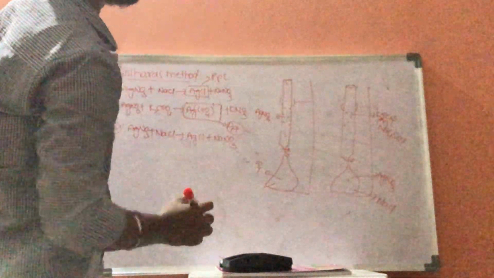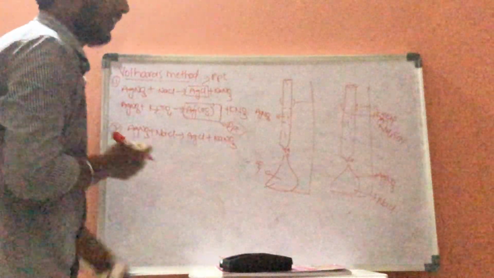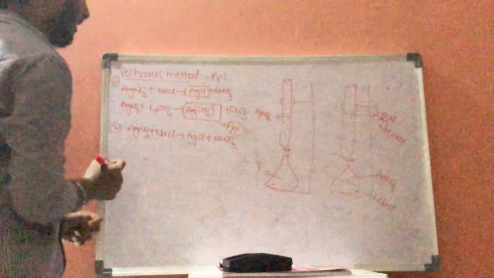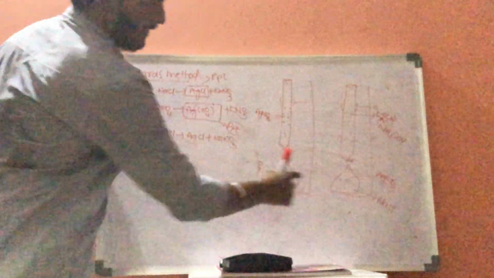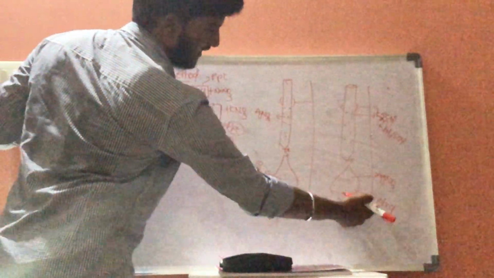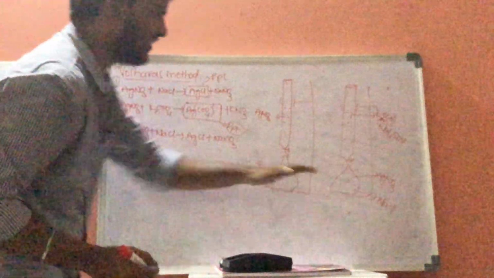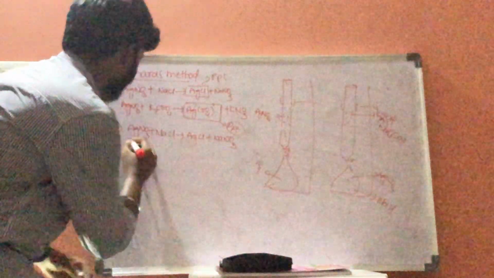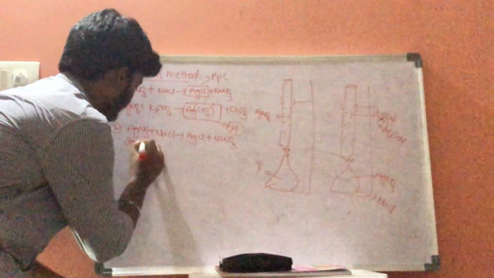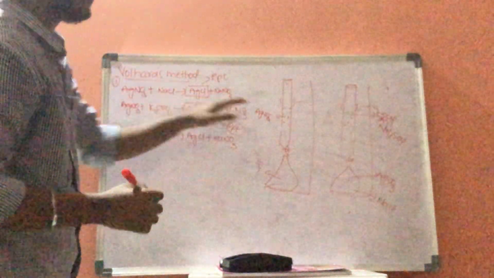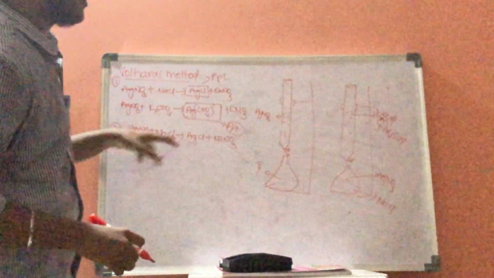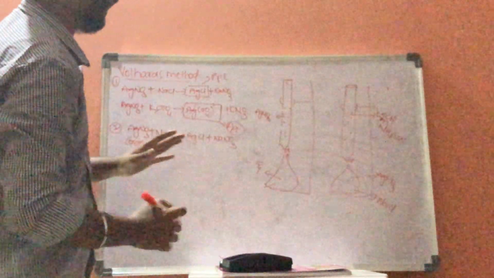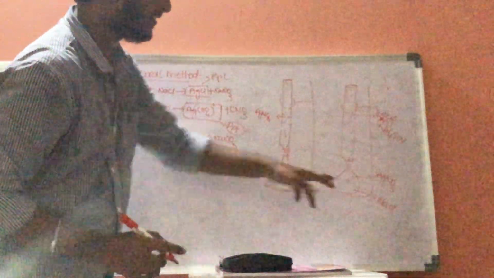Now the excess AgNO3: after the reaction of AgNO3 with NaCl, some amount of AgNO3 will be left, and this is taken in excess, because as we said it is a back titration, an excess amount of AgNO3 is used. Now the remaining AgNO3 contains Ag+ and NO3-.